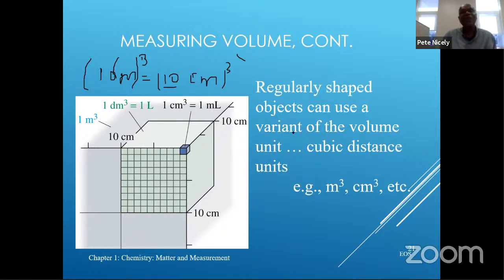That's why 1,000 cm cubed is equal to 1 decimeter cubed. And because 1 centimeter cubed is equal to 1 milliliter, that means that 1,000 centimeters cubed will be equal to 1 liter. So those are the relationships that exist between the liter unit, the decimeter cubed unit, the centimeter cubed unit, and the milliliter unit. Okay, enough of that.